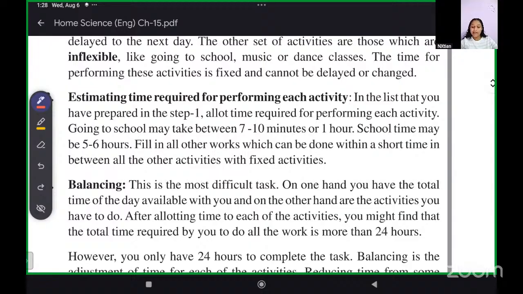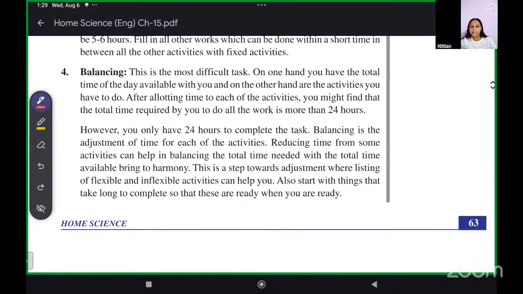Then comes balancing. This is the most difficult task. On one hand, you have the total time of the day available with you, and on the other hand are the activities you have to do. After allotting time to each activity, you might find that the total time required to do all the work is more than 24 hours.